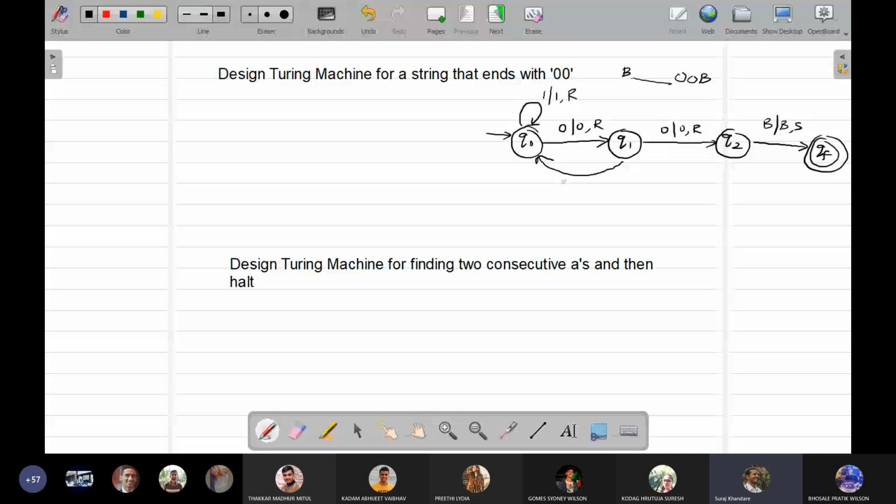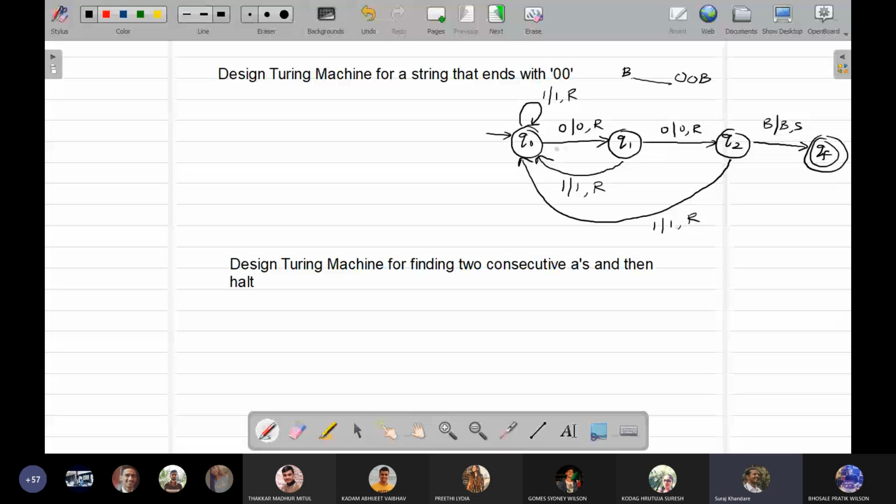We'll keep on checking. Now suppose after 2 zeros 1 comes in, in Q2 we get 1. What do we do? Again we will move from Q2 back, because we want two zeros consecutively. We will move to the state Q0.